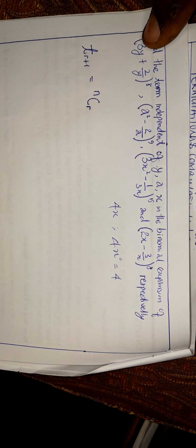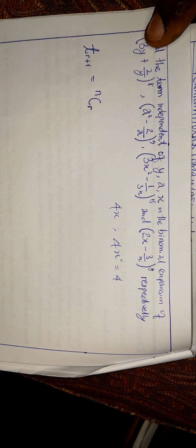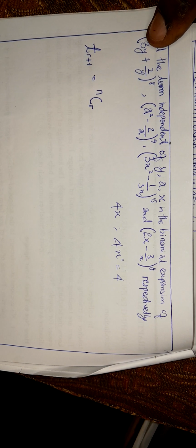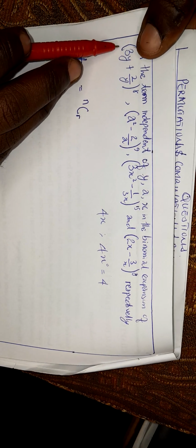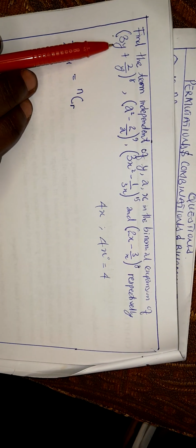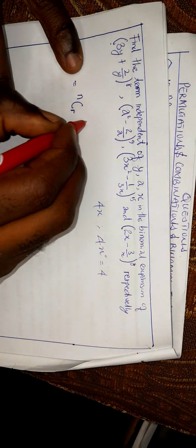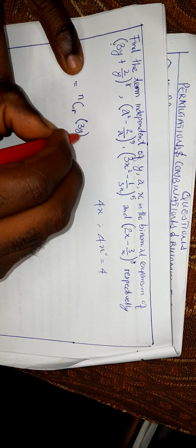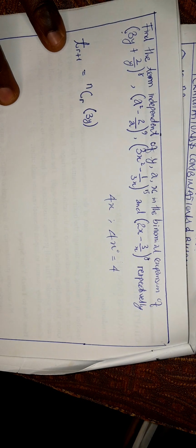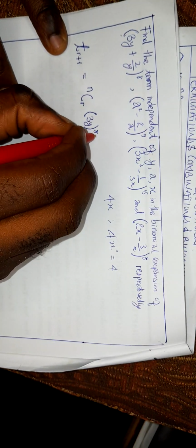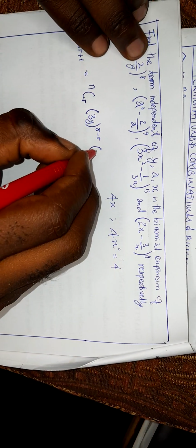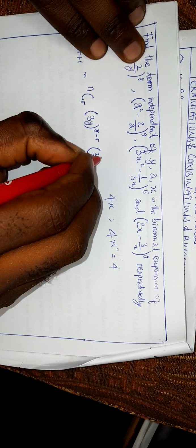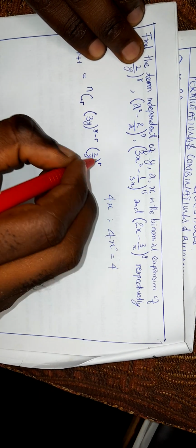Now, binomial expansion, I'm going to explain it further in the nearest future. This value 3y, I want you to pay attention. This value 3y, I'm going to write it here. Now 3y to the power of this 8 minus r, and the value here 2 over y raised to the power of r.